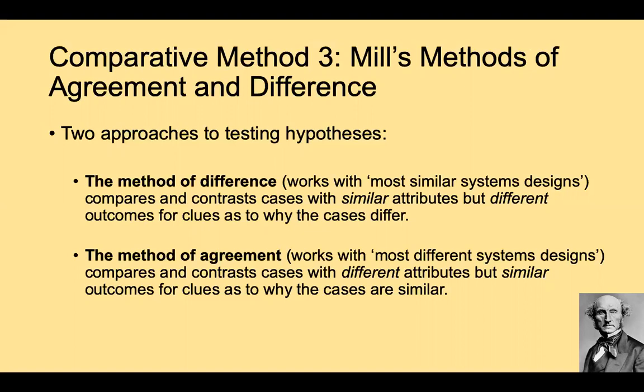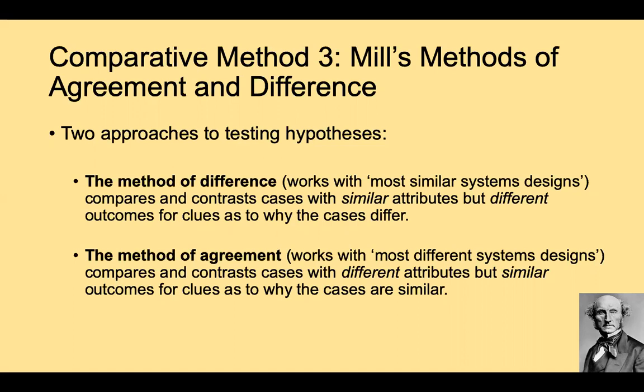Is there something that differentiates them, that causes them to go different ways? What factor is it that differentiates them? Can you figure out what puzzle piece separates the two otherwise similar cases? Now, the method of difference works alongside the most similar systems design. It's compatible with that type of design, where you've got similar countries with different outcomes.